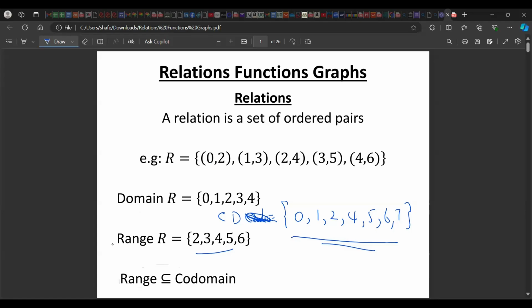Now, how are we to understand what we mean by the codomain? Sometimes a machine can do several things, but what comes out of this machine depends on what you put in.